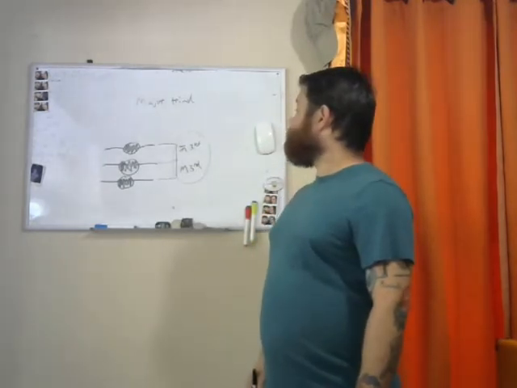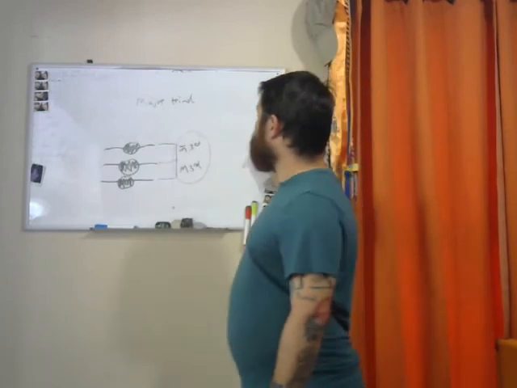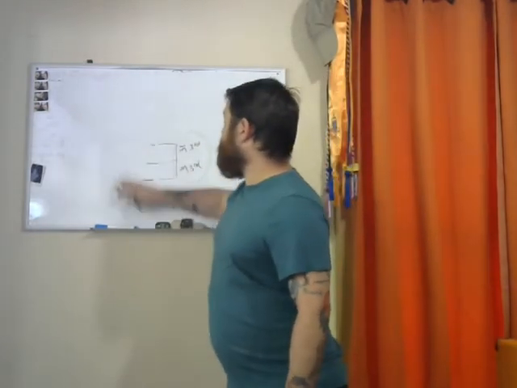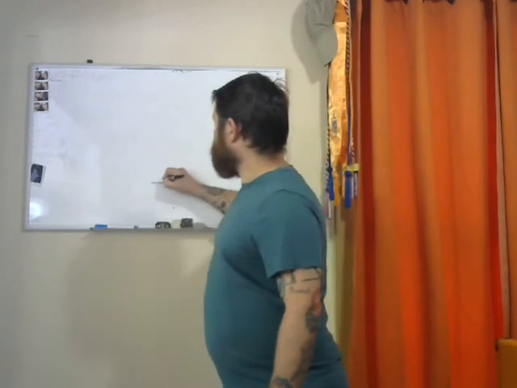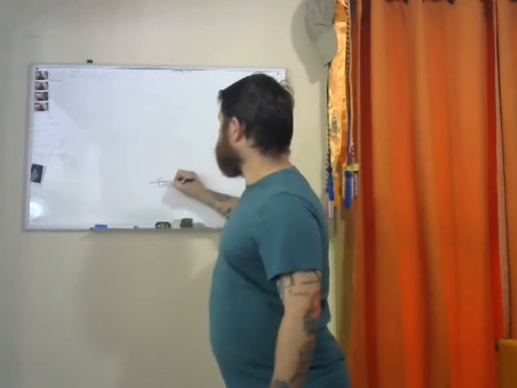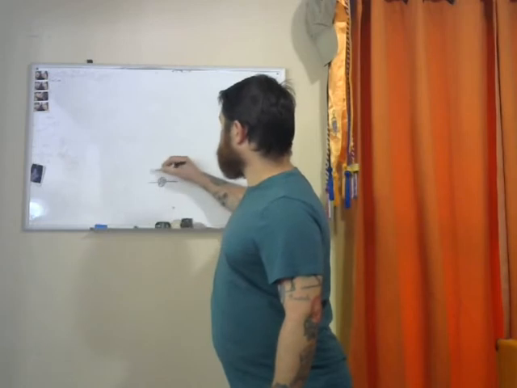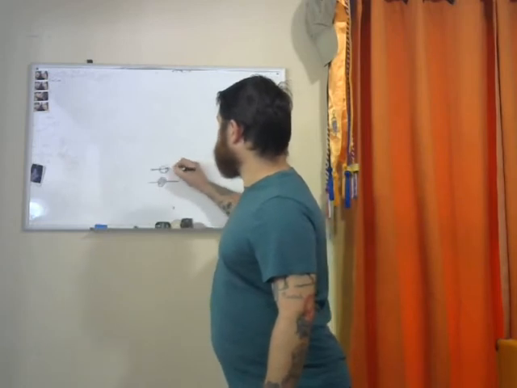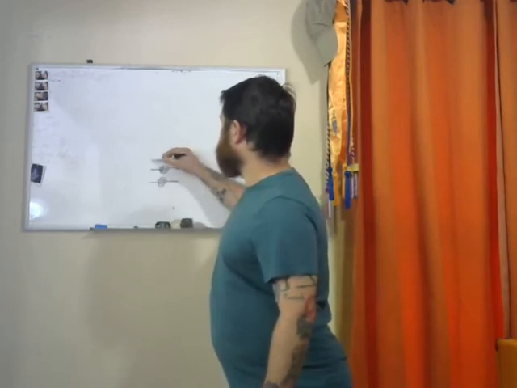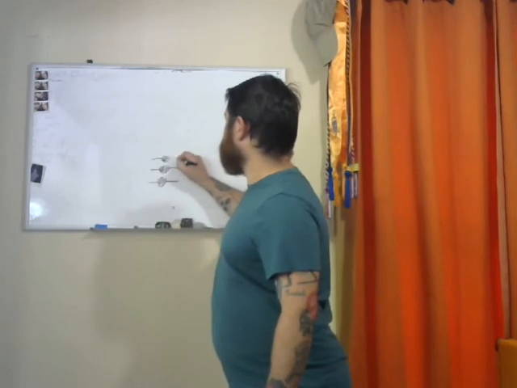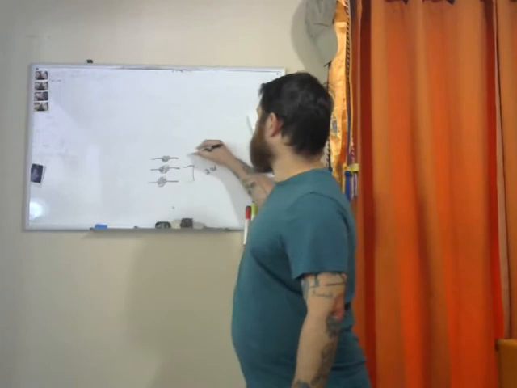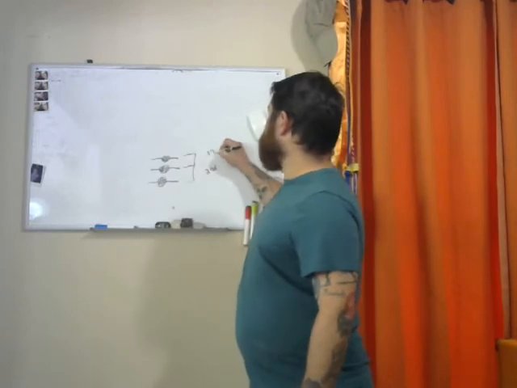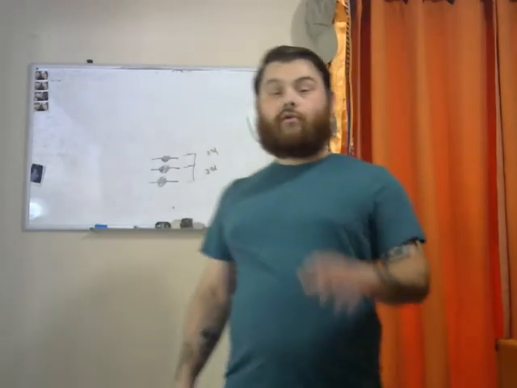Alright, now let's look at a minor triad. So we've got A, C, E. Stack our thirds, and now let's think about the relationship.